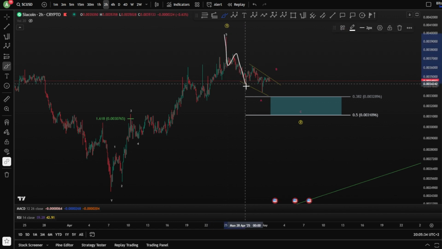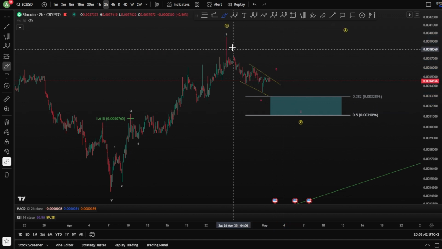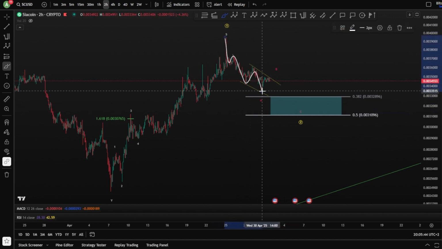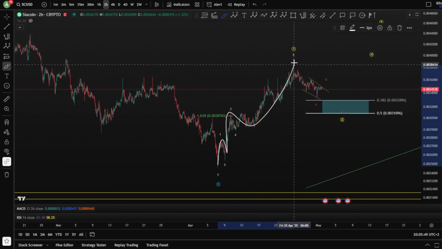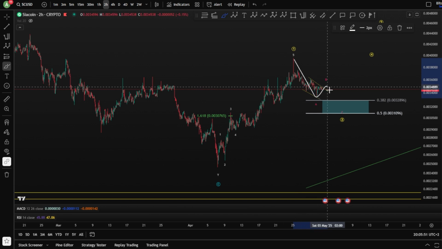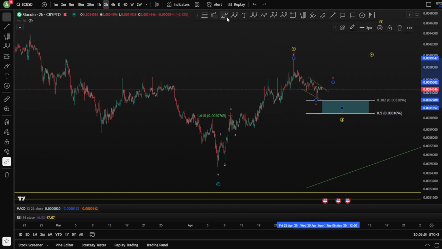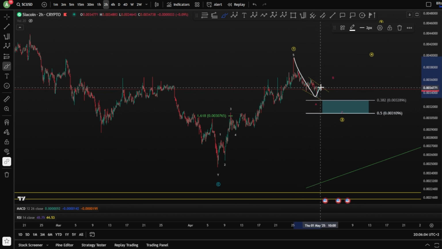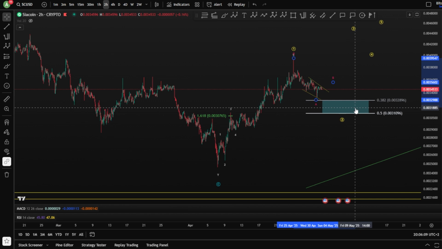Even this can be a leading diagonal wave A, and then you're looking for a wave B and then a wave C. Now, a leading diagonal normally has a higher potential as a wave 1 impulse, but since you already have a finished impulse, the higher potential goes for a wave 2 in an A, B, and a C. The possibility can also be for a wave B here, unfinished. That means you might have a finished wave A, you have your wave B, and you're looking for a wave C later on towards the downside.